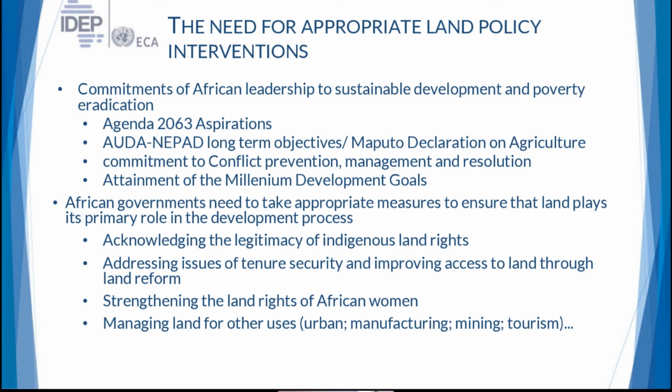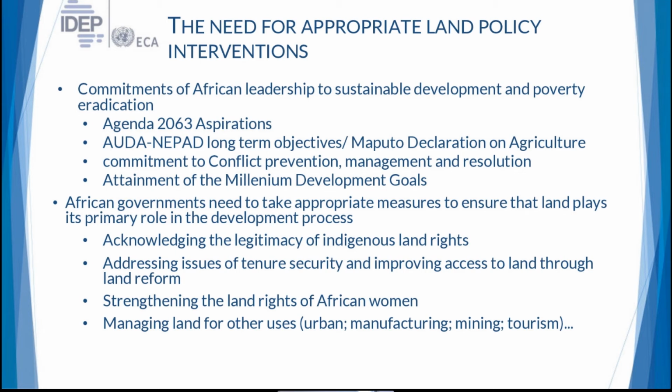We also have a need to address issues of tenure security in general and improving access to land through land reforms. Land reform is a critical measure which is of high importance to achieving the commitments of the African leadership, including the aspirations of African people as set in Agenda 2063.